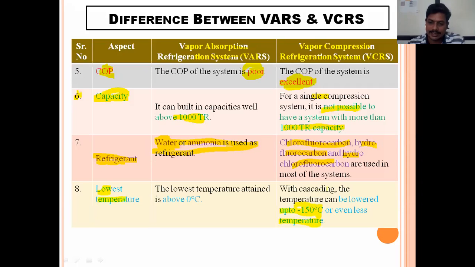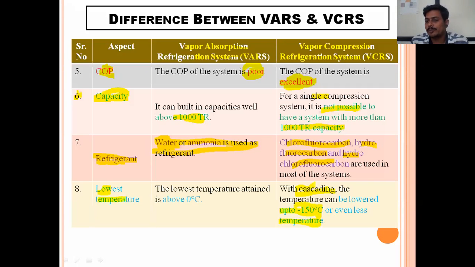So with the help of cascading, whatever next chapter will be there, multi-pressure system, where you will come to know what is cascading. So with the help of cascading or with the help of VCRS system, we can lower the temperature below 0 degrees centigrade, and that can be lowered up to -150 or even less than -150 degrees centigrade.